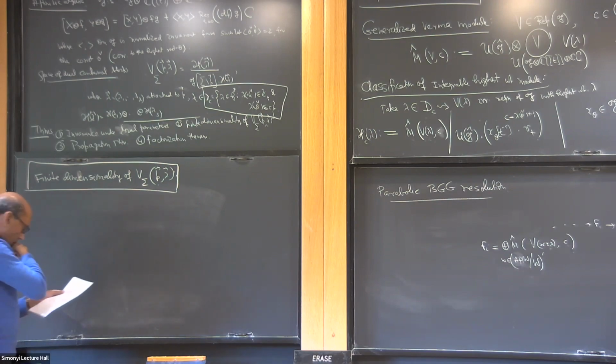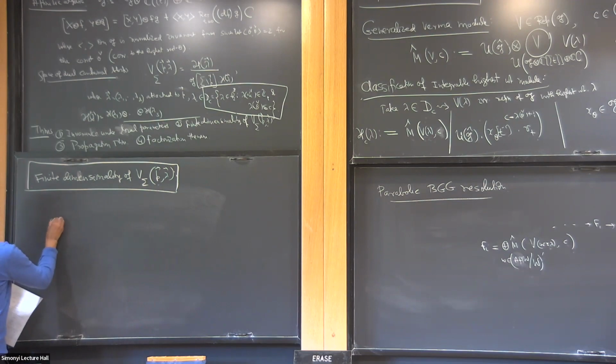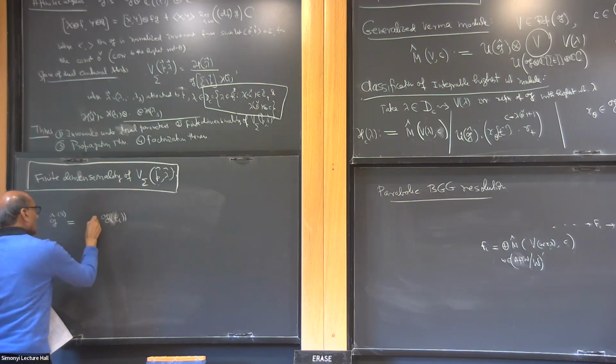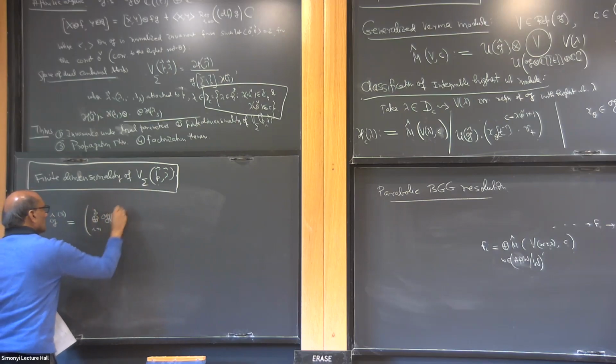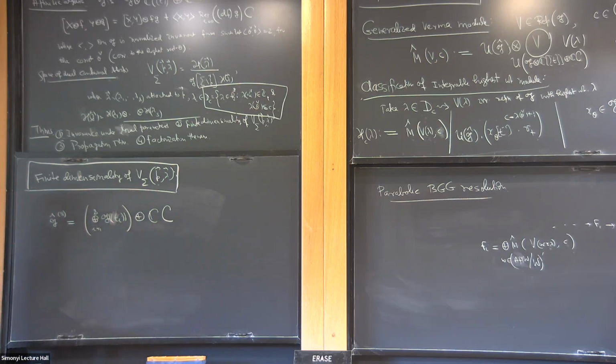Let's define G tensor, I'll just write G Ti, some I S, plus one central element.